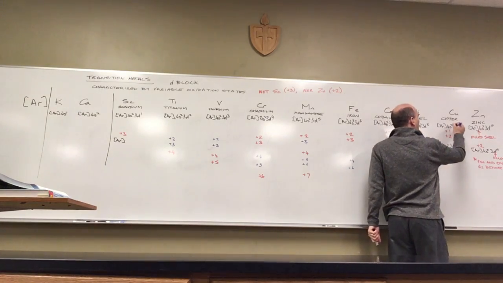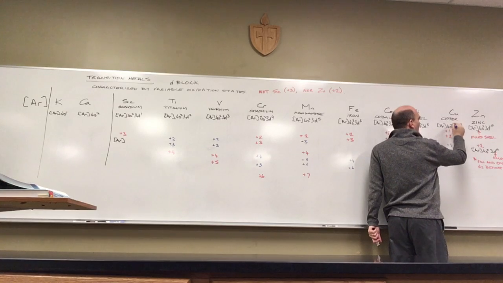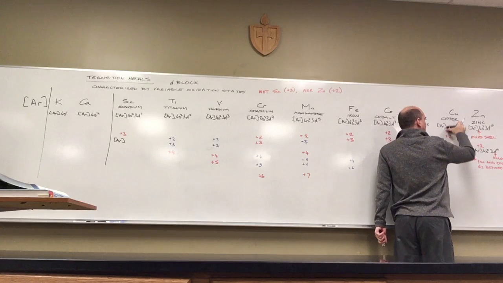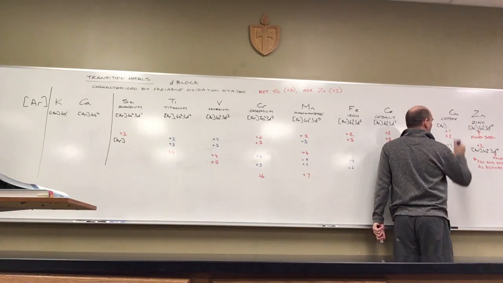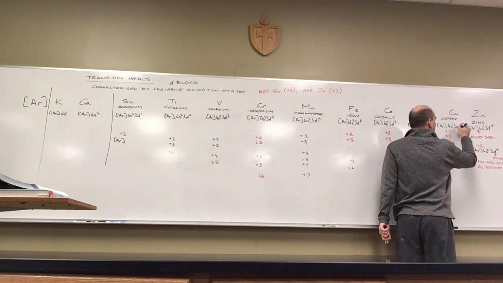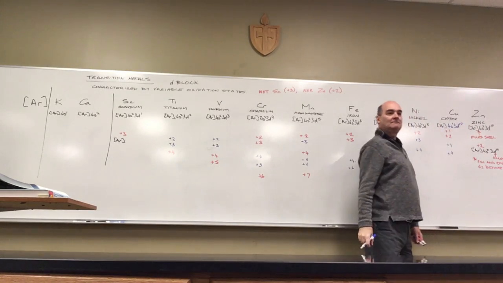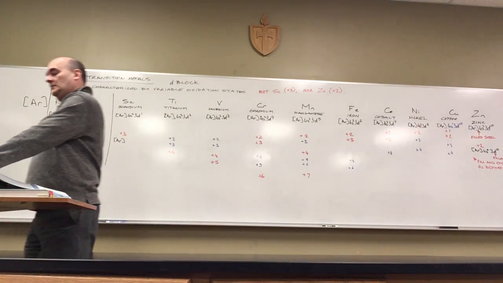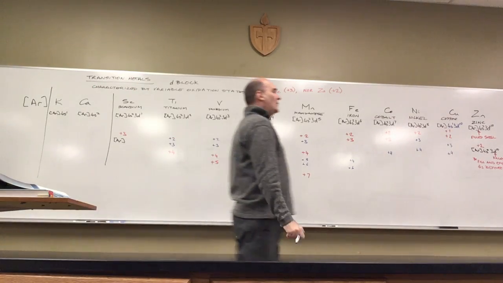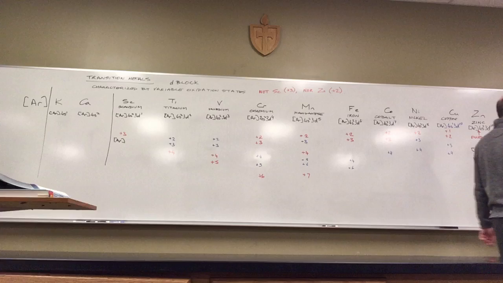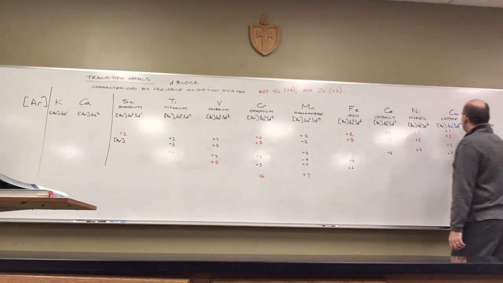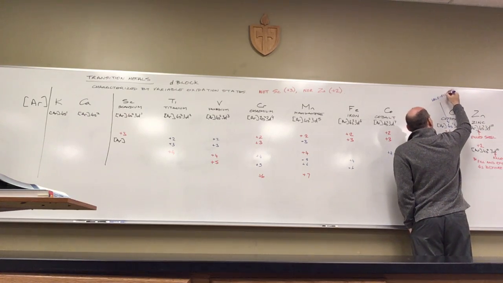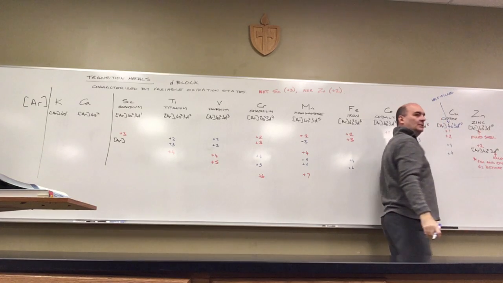So I'll tell you what, I'll take an electron out of the 4s and put it here. It's like its own little valence hybrid. It has stolen an electron out of the 4s and put it into the 3d, which means that now this is half-filled.